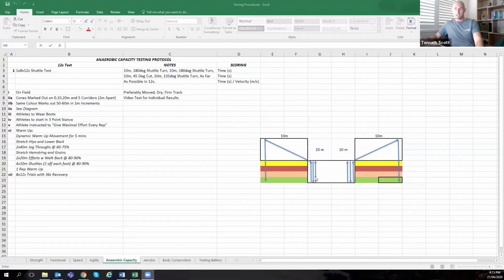And then assuming that they tick that box off, we looked at their decrement across those 8 efforts, 4 each way, so from their highest to their lowest effort. What that then determined is, depending on the percent decrement, I believe that was 5% decrement.